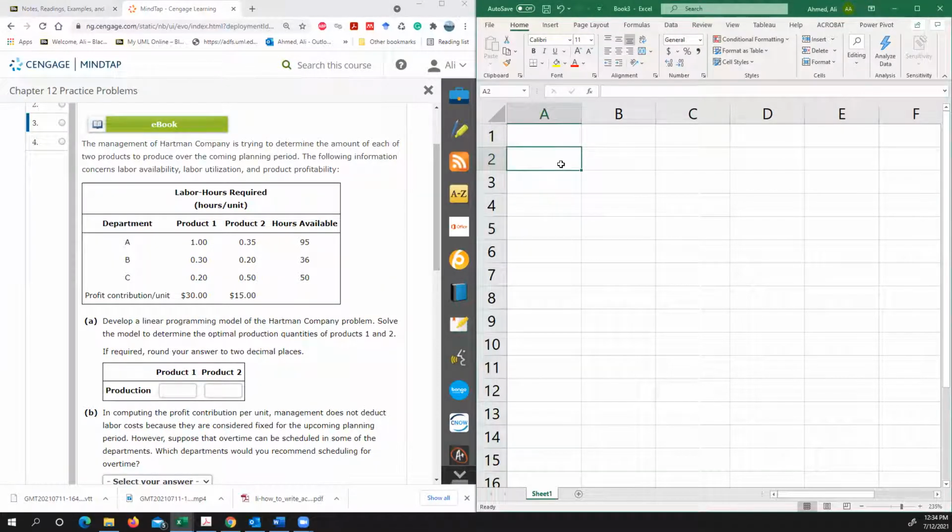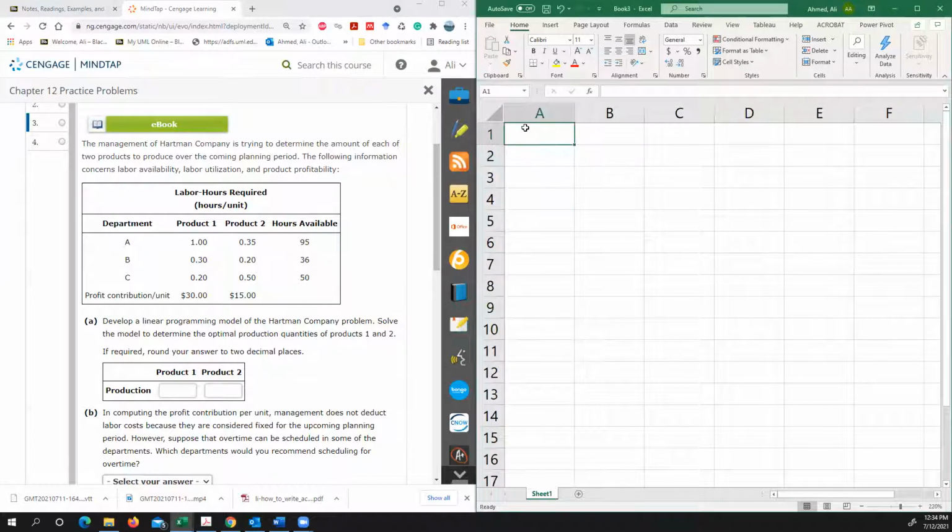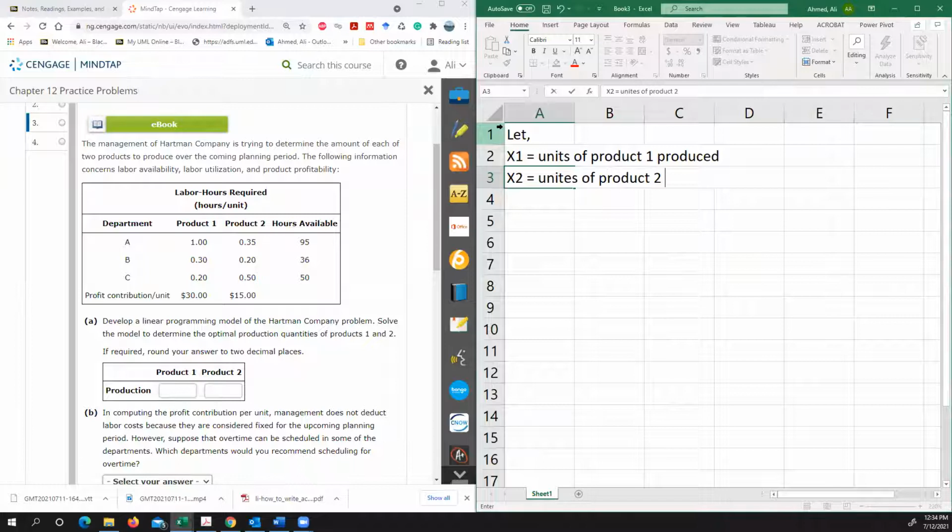So X1 is the units produced for product 1, and X2 is the units of product 2 produced. I'm putting this up so we know what our constraints and our objective are. Everything has to be clear.